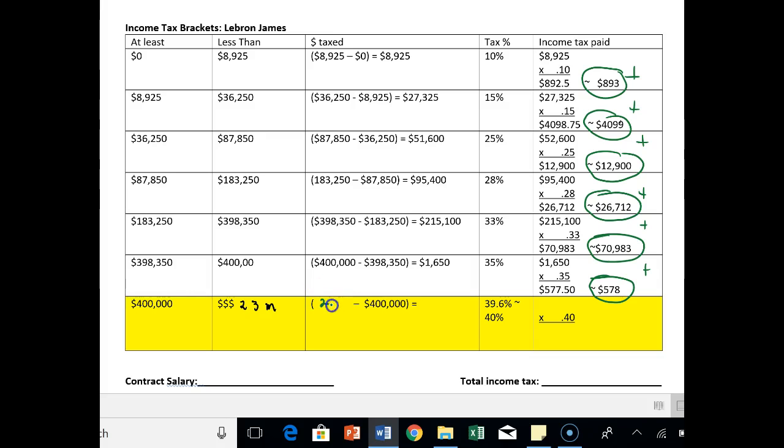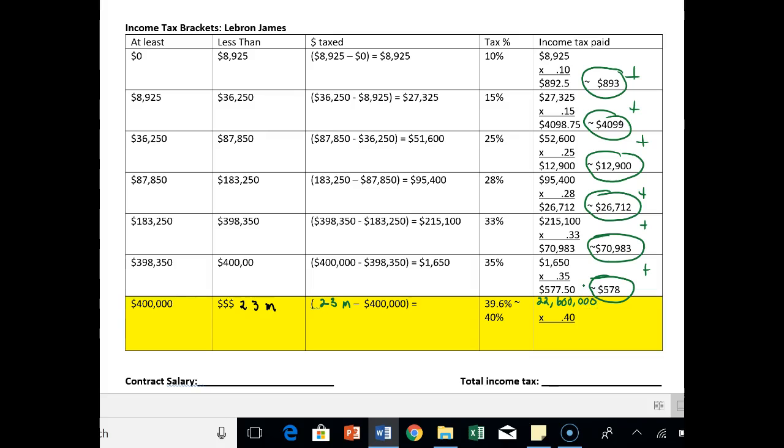So let's plug in $23 million here. That's followed by 6 zeros, right? So when I do $23 million minus $400,000, I get $22,600,000 that's going to get taxed at 40%.